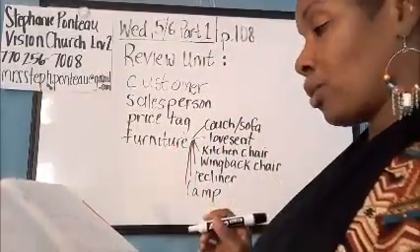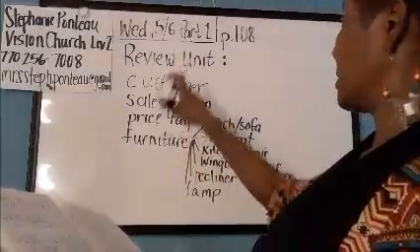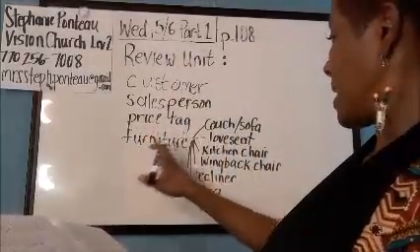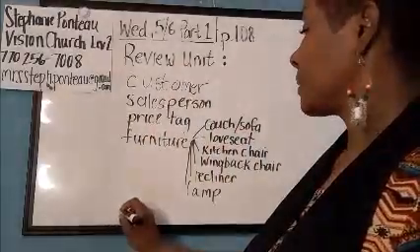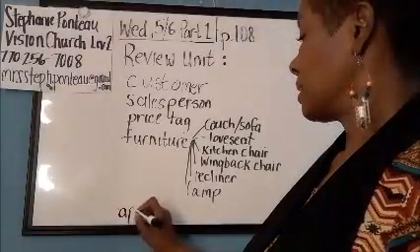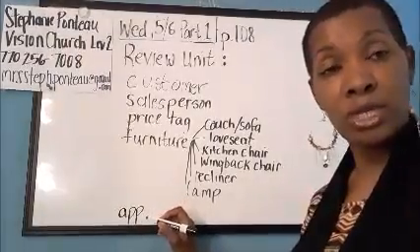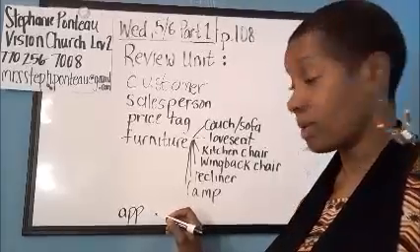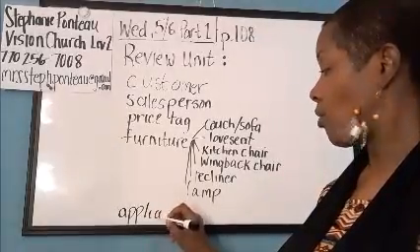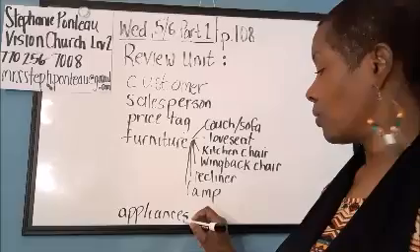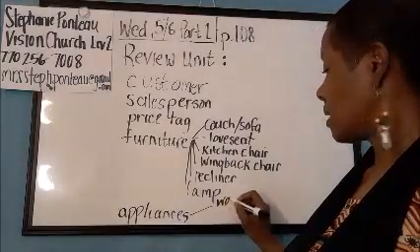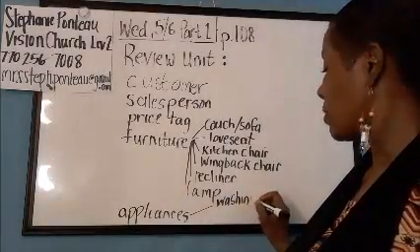All right, so what other vocabulary? Let's see, we got the customer, salesperson, price tag, furniture. How about appliances? Yep, appliances are those machines that you use in your home to do work for you, right? So the appliances in our home that do work for us would be our washing machine and dryer, right?